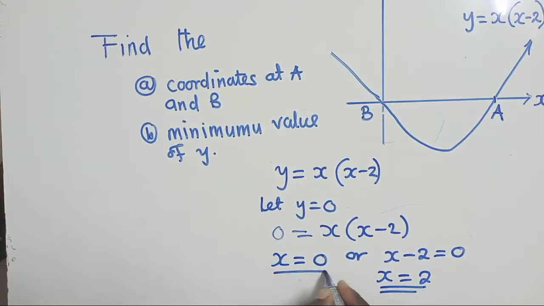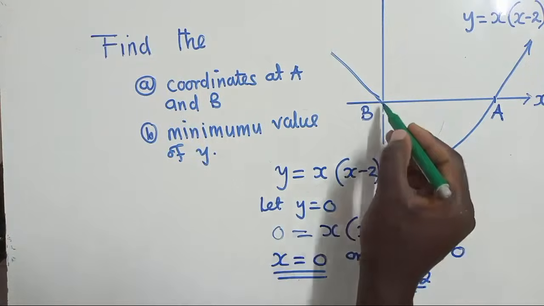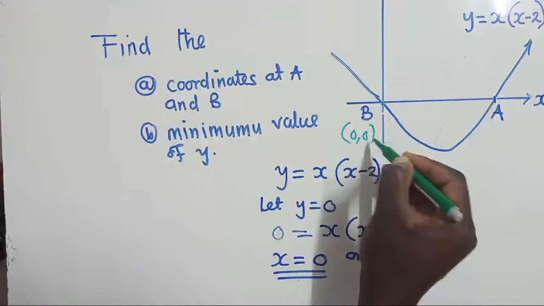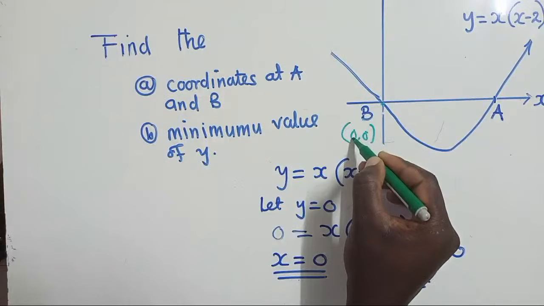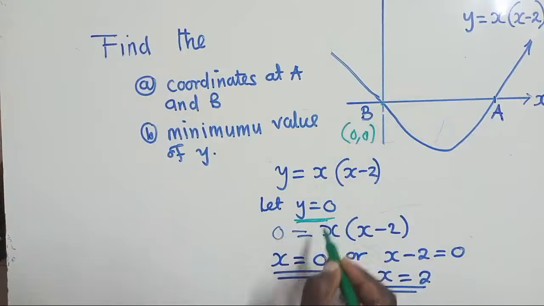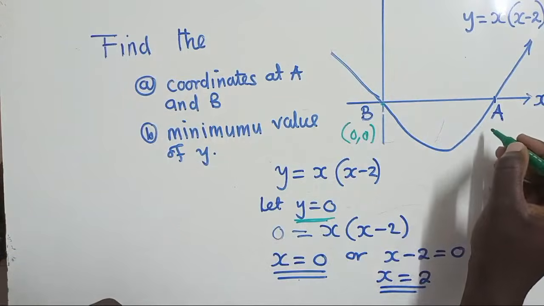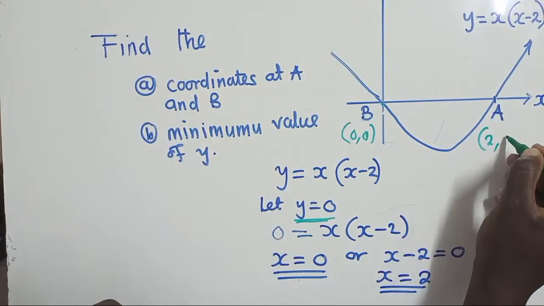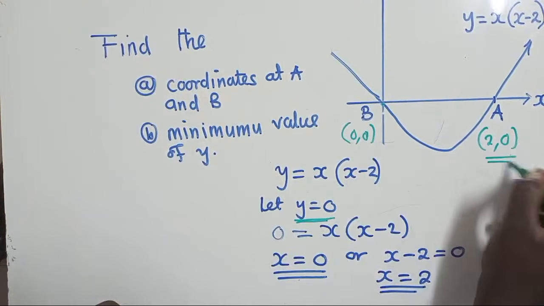So you have got two x values: x is equal to 0 and x is equal to 2. So which one do you think can be x is equal to 0? It's of course here. This is 0, 0. So the x-coordinate is 0, and the y-coordinate is 0 because we said let y be equal to 0. And then here, the x-coordinate is 2, and the y-coordinate there is 0.